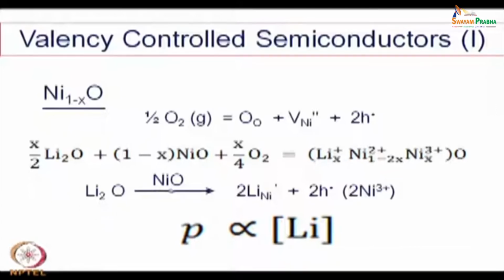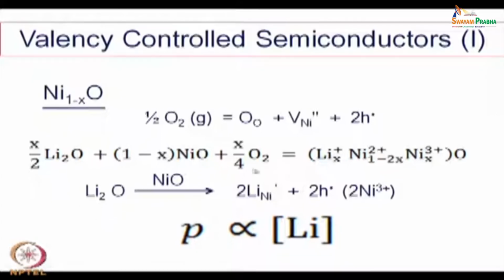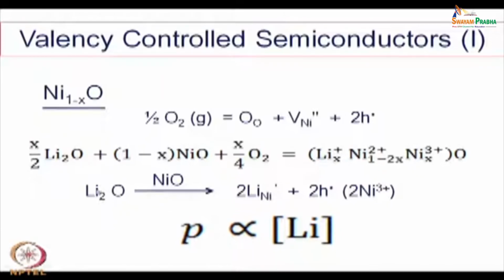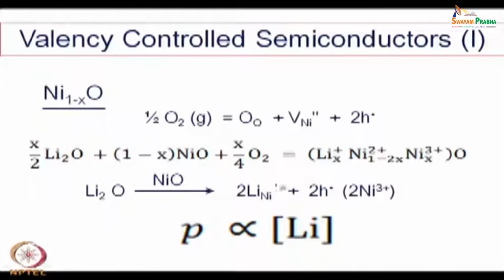So, Li2O goes into nickel, creates 2 Li Ni with a single prime, because Li has one less positive charge, so it is effectively a negative charge, and in the process creates 2 holes. These 2 holes are actually written here as 2 Ni3 plus.